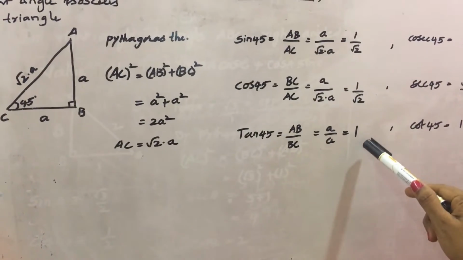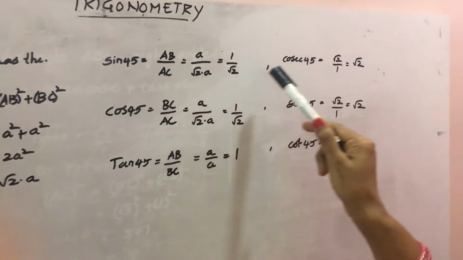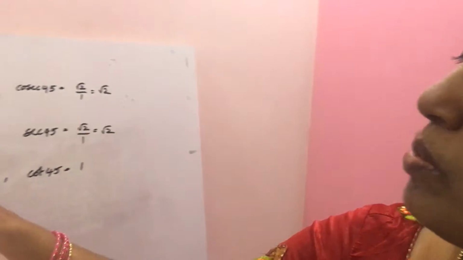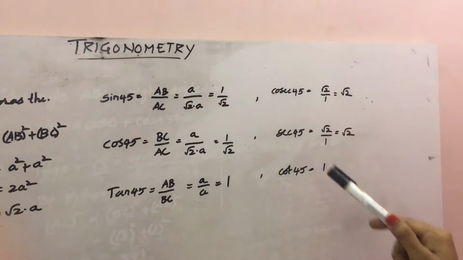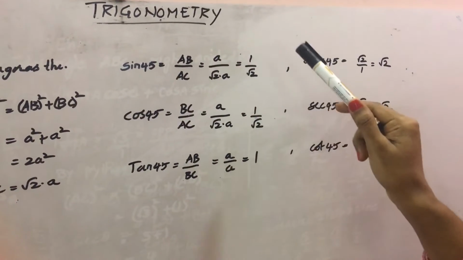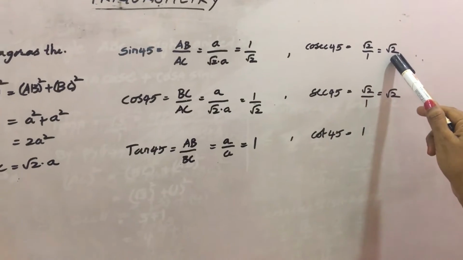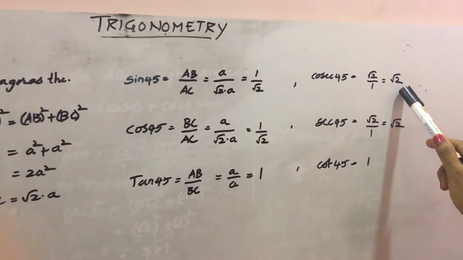These are the primary trigonometrical functions. Now let us see the values of cosec 45. As we know, sine and cosec are inverse trigonometrical functions. If sine 45 is equal to 1 by root 2, what is the value of cosec 45? Which is equal to root 2 by 1, which is equal to root 2.